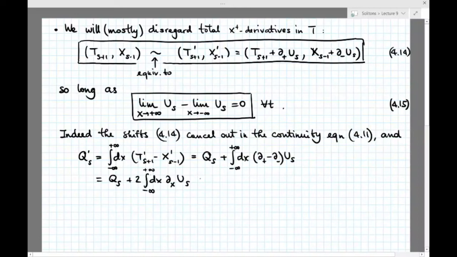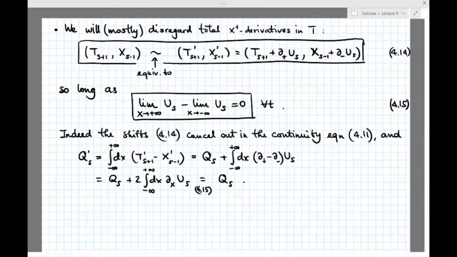The integral now is an integral of a total derivative, so that's a boundary term. It gives us 2 times U_s at plus infinity minus 2 times U_s at minus infinity, but by equation 4.15, the condition that the two limits are the same, the correction term, the second integral, vanishes, and so we find that the conserved charge defined using the new primed densities is the same as the original conserved charge.